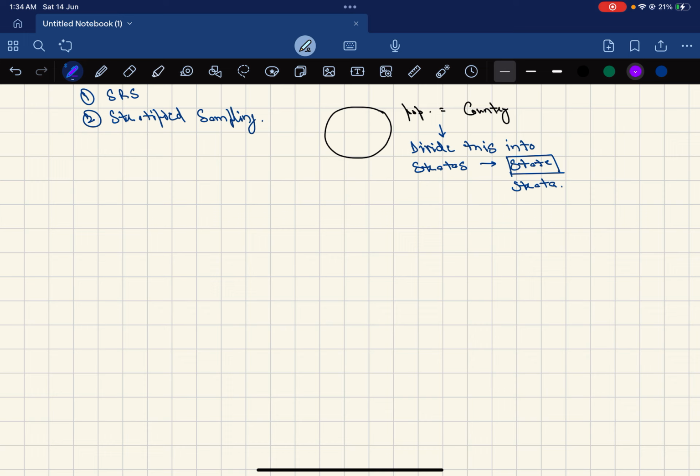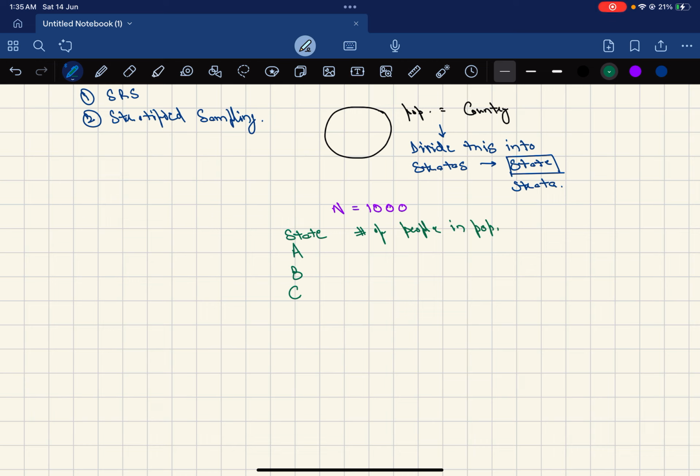So for example, let's say we had a population size of n equal to 1000, and let us say we have states A, B, C, and the total number of people in the population.